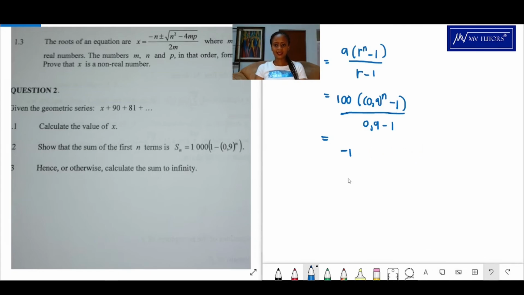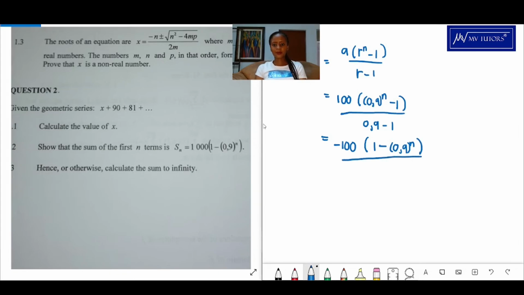Let's rather do it this way. I should have 1 first, so if I swap these around and take out the negative, I would have negative 100, and in there I would then have 1 minus 0.9 to the power n. At least it's looking like we're getting somewhere.